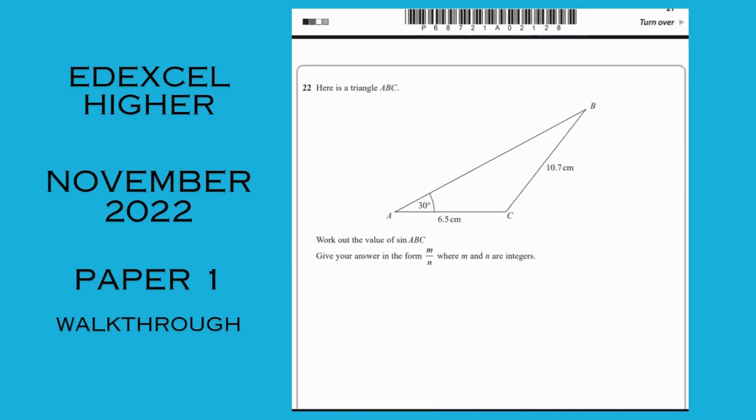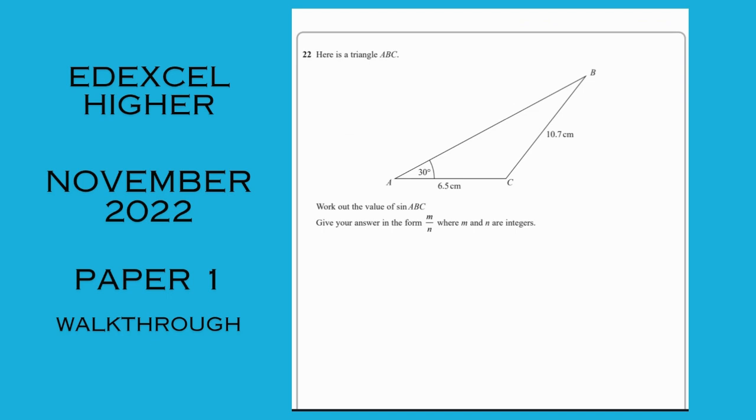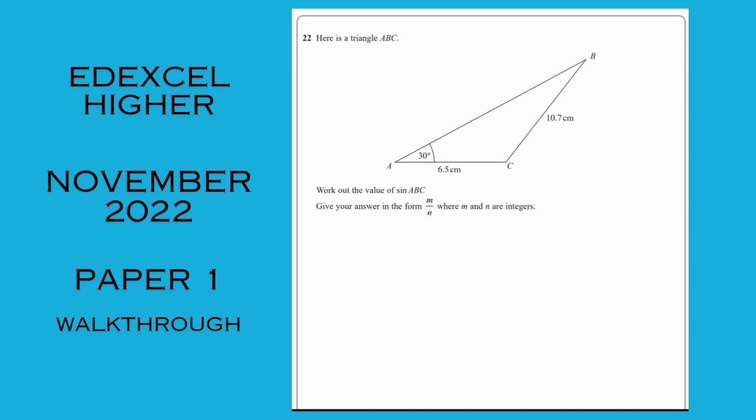Number 22. People never like it when some trigonometry comes up on a non-calc paper, but trust me, one weird step aside, it's not a bad question. So, you've got an angle and the opposite side, it has to be the sine rule.